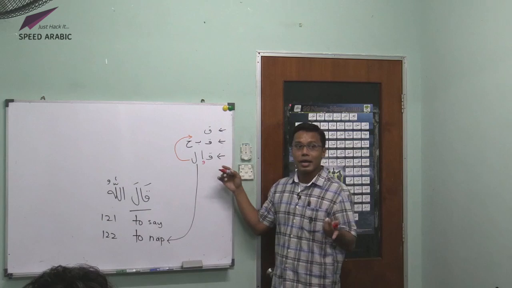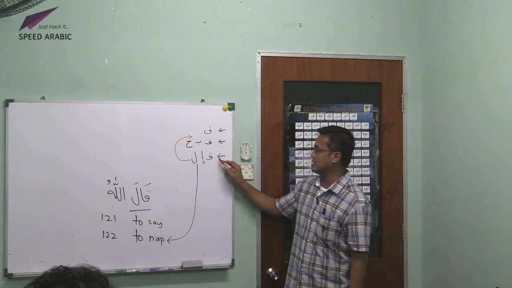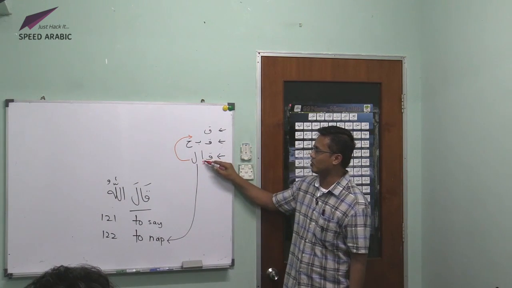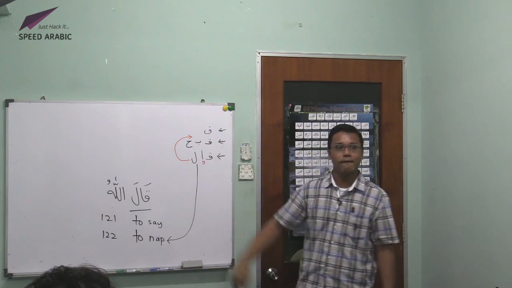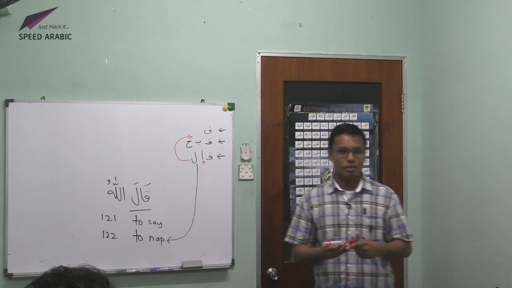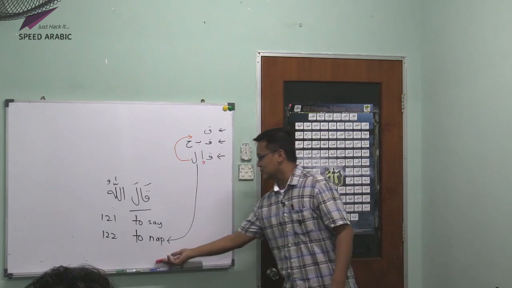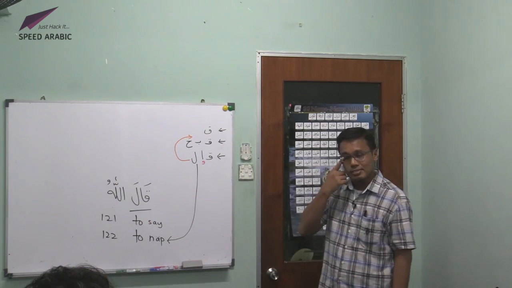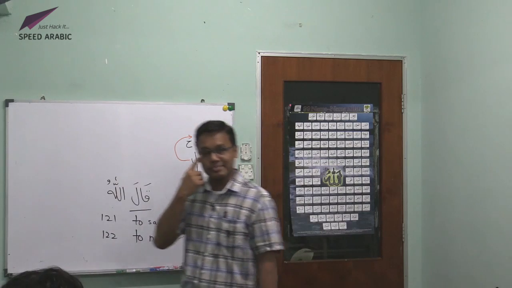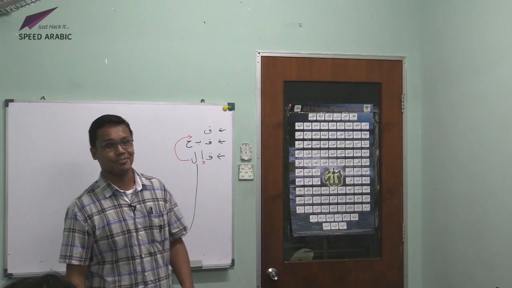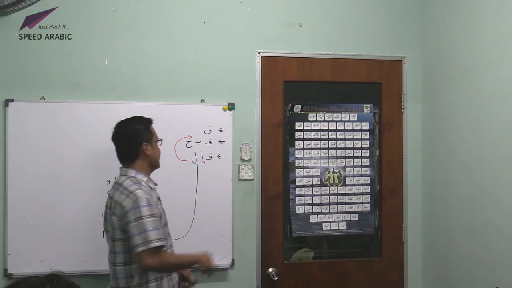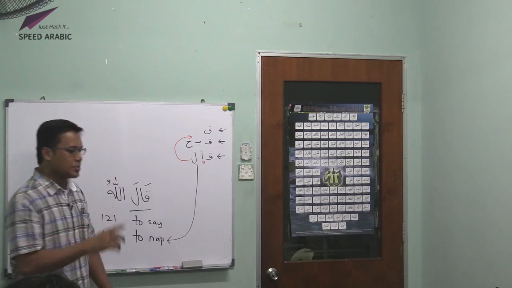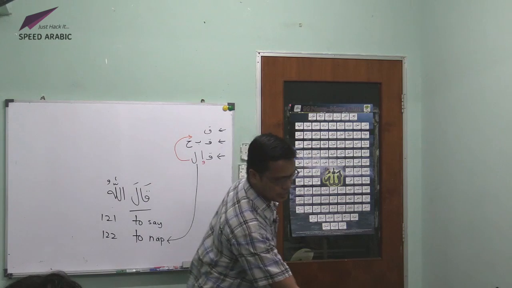And that is why this entry came later on instead of coming before Qaf Ba Ha. Okay? So does that seem complex? Complex, right? That is why you need to know how to use the dictionary.